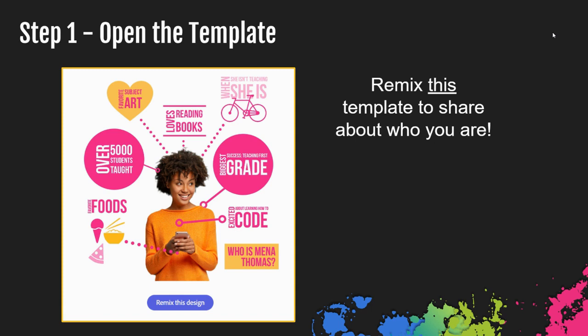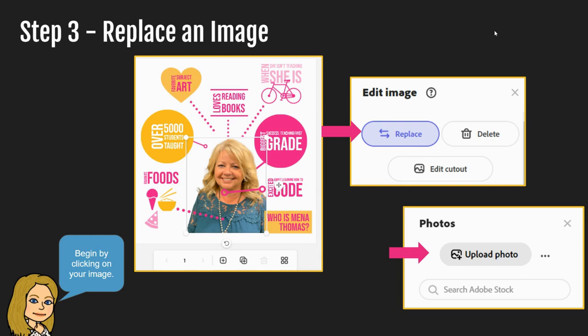So with this, Laurel had us open a template, and the template would just open in your regular screen. And then what you would do is remix it to tell about yourself. So using what you saw in the last section on creating a poster from scratch, you're going to be able to follow along, I'm sure, very well with these steps.